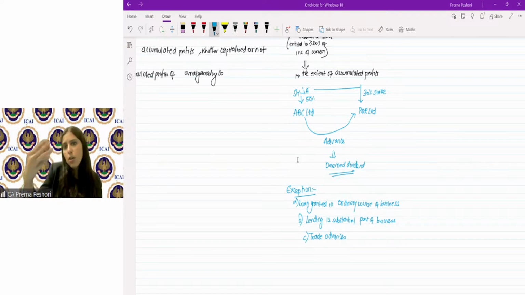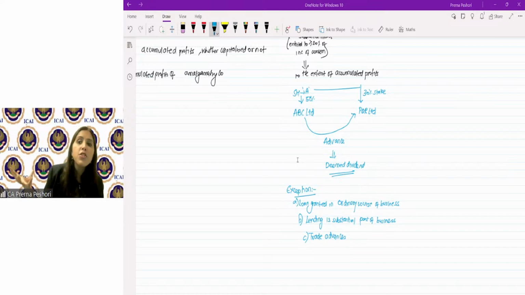Now, the company will obviously give the advance to the shareholder to repair the premises, because ultimately it is an expenditure of the company. Or let's say the company is incurring the repairs for the leased premises which it has taken from the shareholder. Now that is not in fact in the nature of loan and advance. It is in the ordinary course of business.